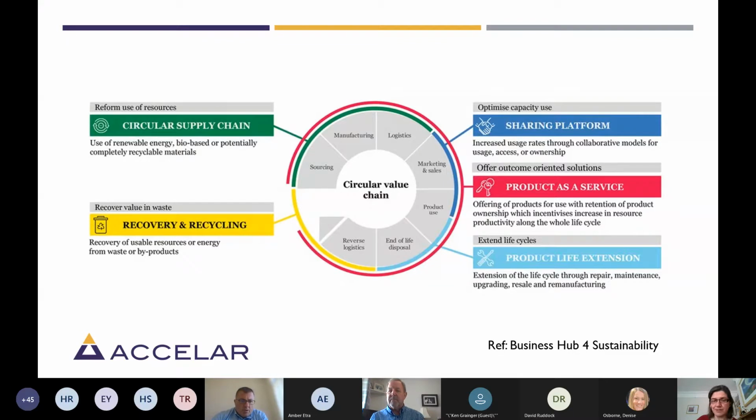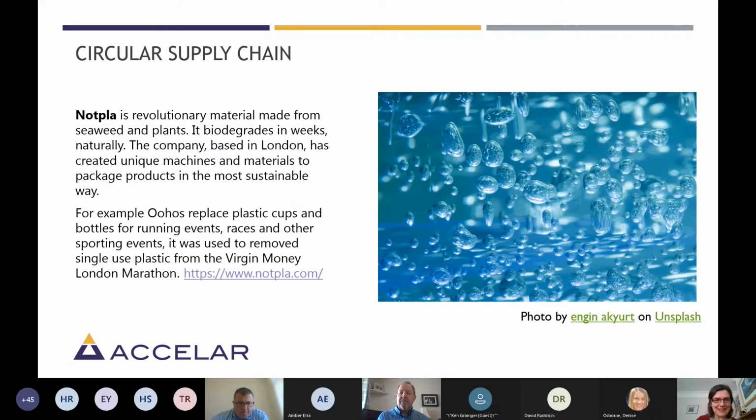And I think it's important to note that circular economy really contributes to developing a net zero carbon approach. So if net zero carbon is something your business is looking at, embedding circular economy into your business is a really important part of that process. So as promised, let's get on to some examples.